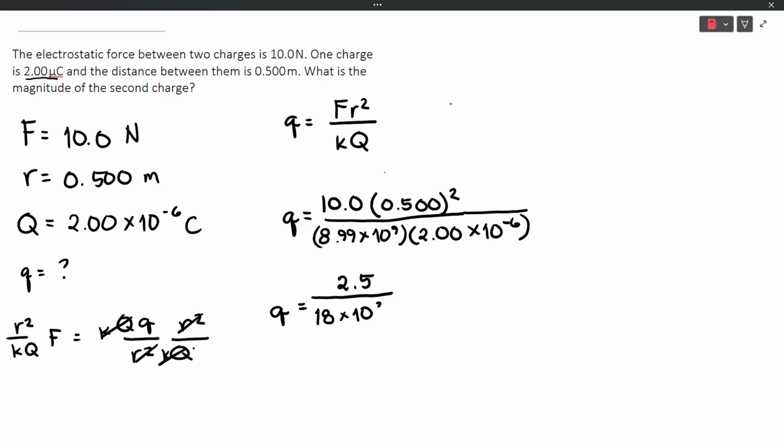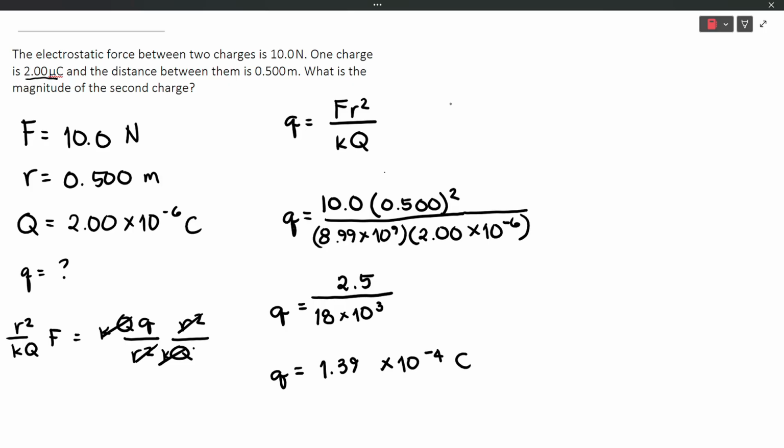Okay, so what is Q? So 2.5 divided by 18,000 is equal to 1.39. So it's 1.39 times 10 raised to negative 4 Coulomb.